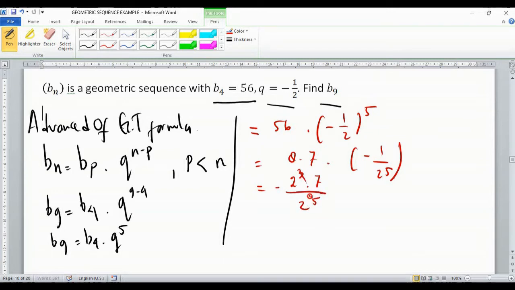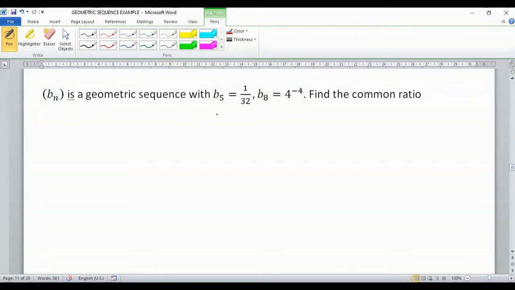We cancel 3 and 5 to be 2. So this one is equal to minus 7 over 4. So everyone, if you just have the term besides the first term, you can use the advanced general term.